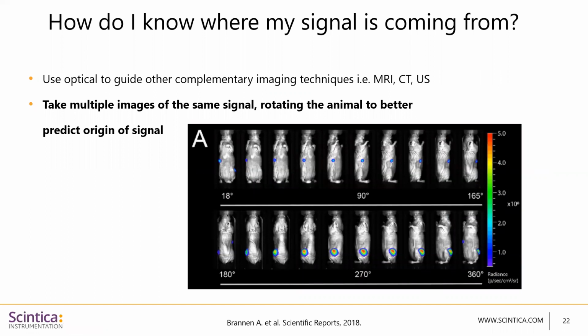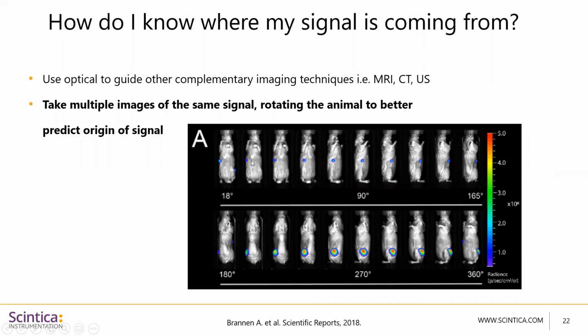So the other option is to take multiple images of the same signal by rotating the animal to better predict the origin of signal. Many people forget, but this is a very simple option that doesn't require any additional features or time. Here we see this animal. We can see there's a small signal on the animal's right side. It's on its back.